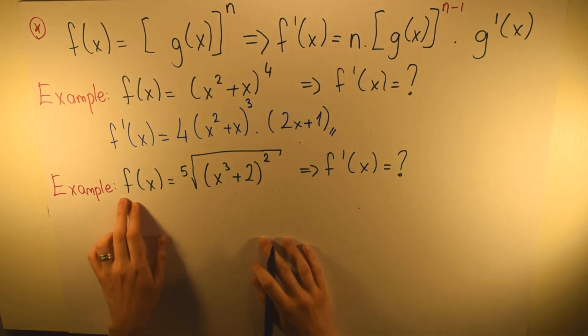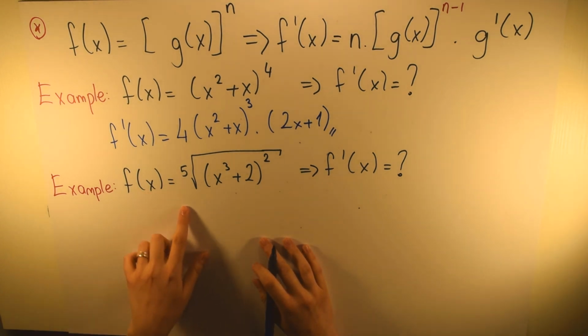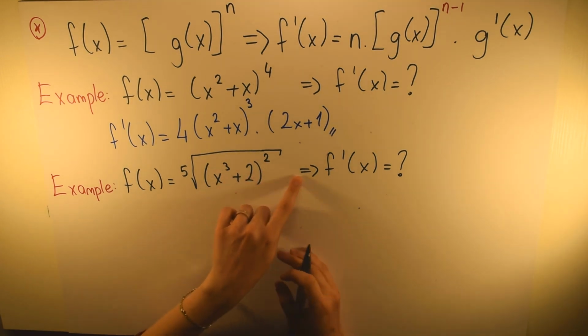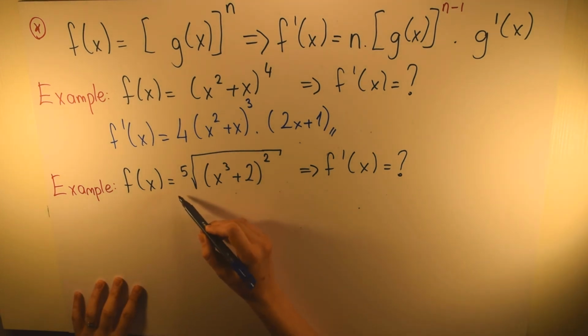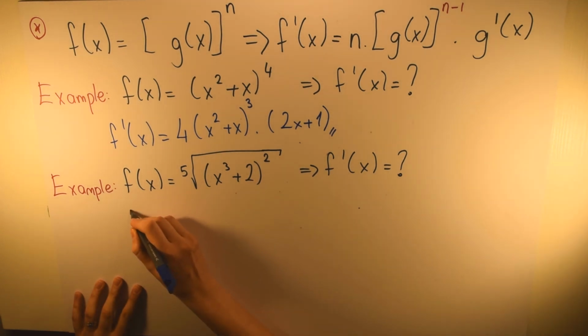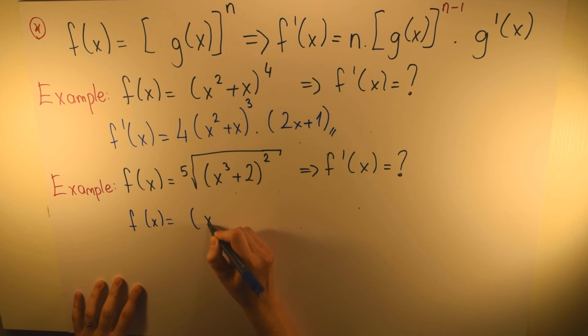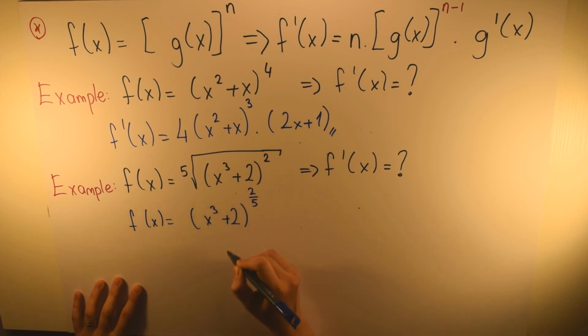So let's look at this second example. Here we have f of x is equal to the 5th root of x cubed plus 2, to the power of 2. So what is the derivative of f of x? So I can write f of x like this, x cubed plus 2, to the power of 2 over 5, right?